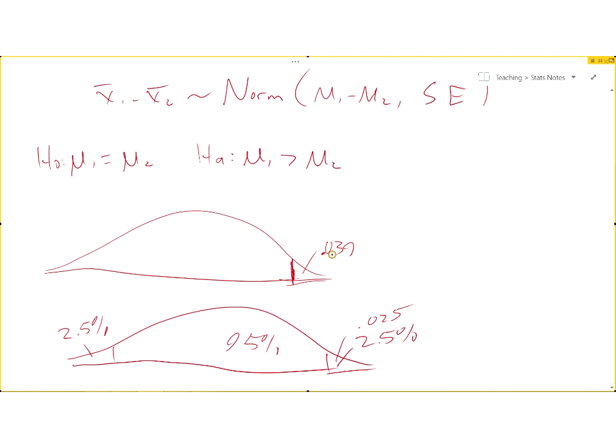So that's why 0.039 is enough to reject at a 5% significance level, but a 95% confidence interval actually contains 0.